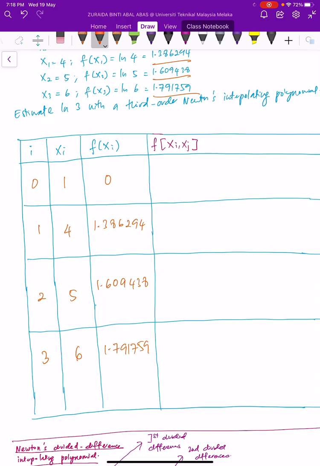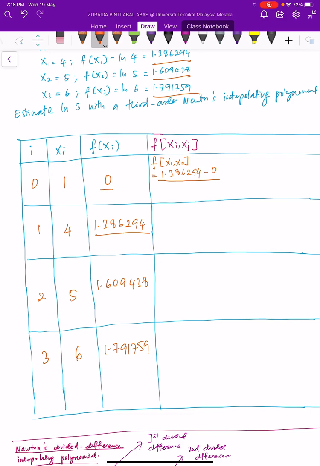So the first thing that you need to do is to find your first divided differences. For the first divided difference, f is a combination of two points, x1 and x0. So it is 1.386294 minus the value at x0, which is 0, divided by x1 minus x0.